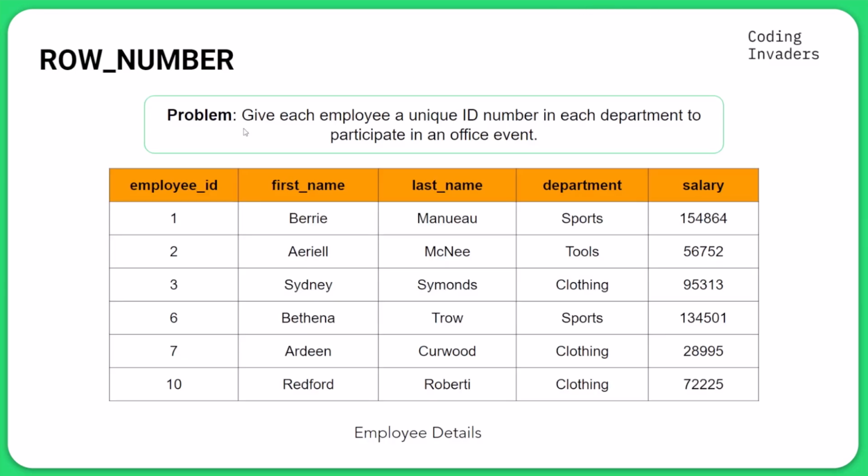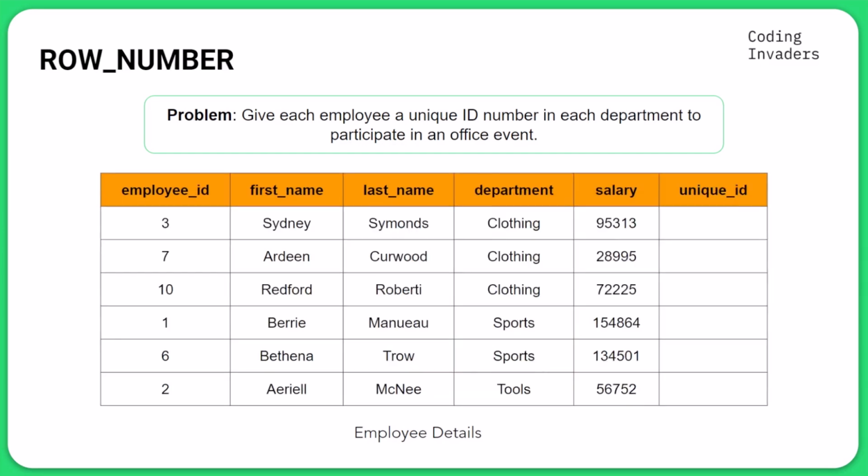So let's say we have to give each employee a unique ID within each department so that they can participate in office events. The idea is that we should have a unique identifier for each employee in the department. So I have arranged the rows for you so that it's easy to get the department-wise breakdown records. Right? Let's figure out the respective unique ID.